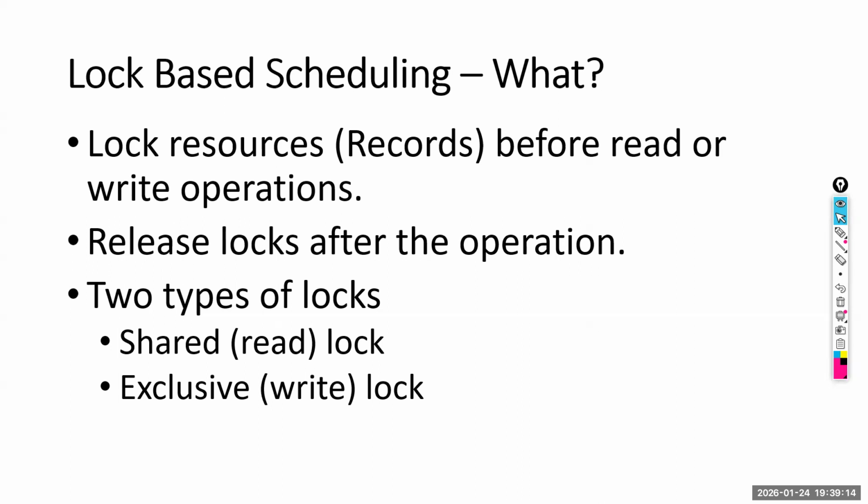The database has a mechanism to lock that record. Lock means until the lock is released, other transactions cannot access that record. That is what is meant by lock. So lock is done at record level, not at table level. If you lock things at table level, that is very inefficient.